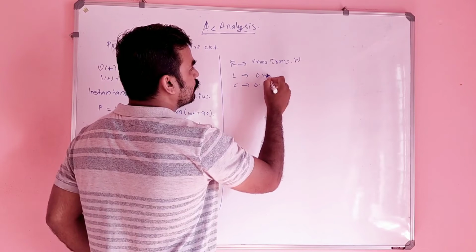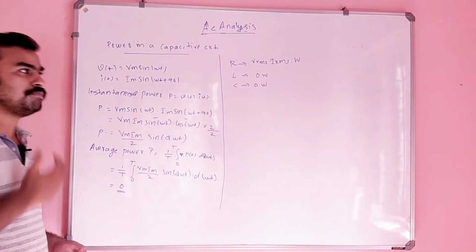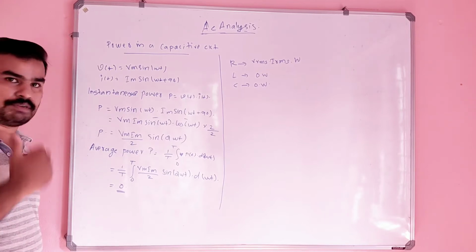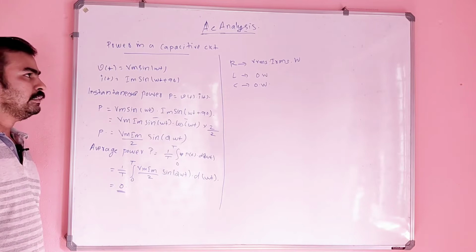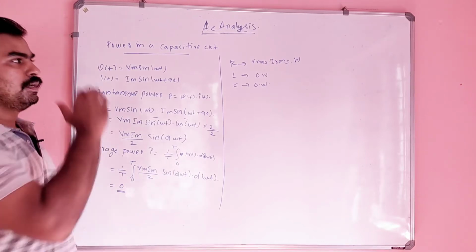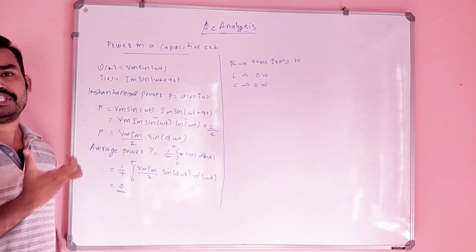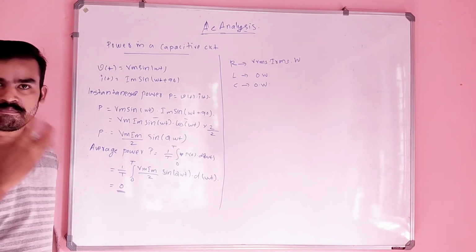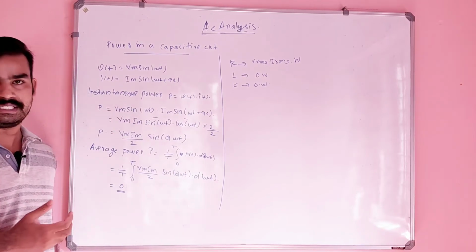Is it correct? What you conclude from these derivations is that only the resistor has the capability to dissipate the power, to dissipate the energy in the form of heat, sound, light or anything you may see.